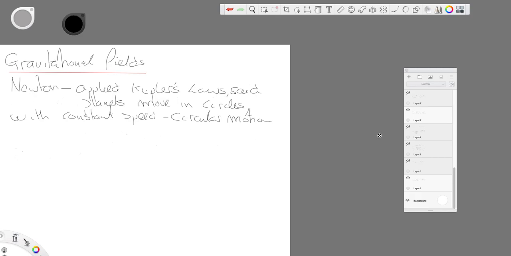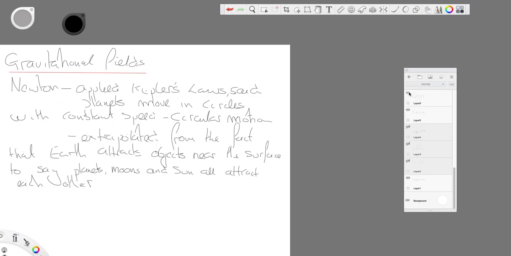So what did Newton do? Well, Newton took Kepler's laws and he said that planets are moving basically in circles. They might be a little bit elliptical, but they're basically in circles with constant speed, and this is circular motion. He then extrapolated from the fact that the Earth attracts objects near the surface, that is to say, if you drop something, it falls, to say that planets, moons, and the Sun all attract each other.